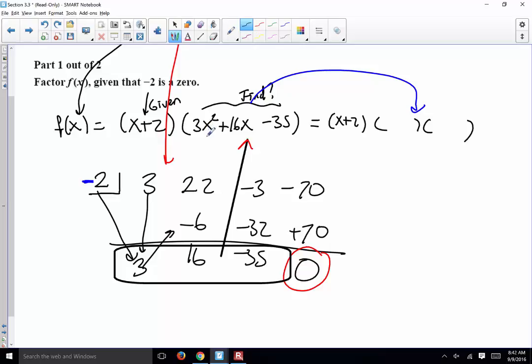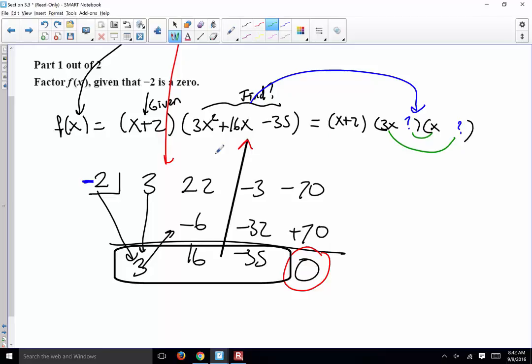So what two numbers multiply into 3? Yeah, so I put 3 here, 1 there, x and x. Okay, now I'm going to guess the other two. These two question marks will multiply into minus 35. And when I FOIL outside and inside terms, they will add into 16x.